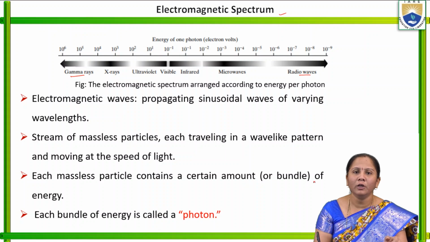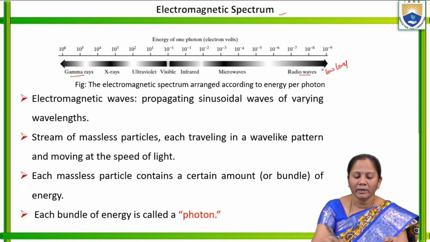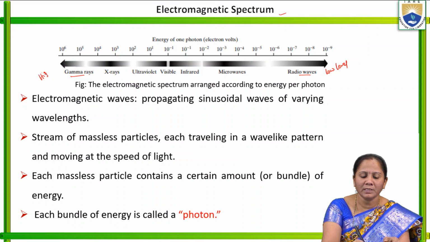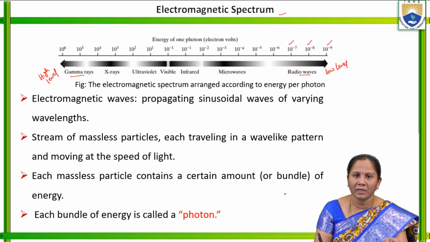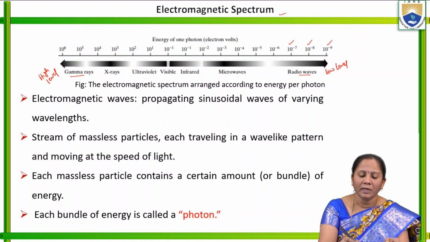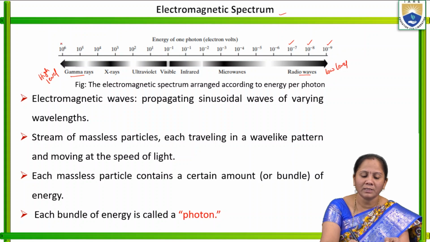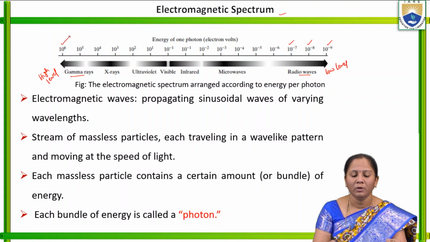Radio waves are the low end and gamma rays represent the high end. The wavelength ranges from 10 power minus 9, minus 8, minus 7, starting from 10 power minus 9 and increasing, up to a maximum of 10 power 6. So this is the electromagnetic spectrum.